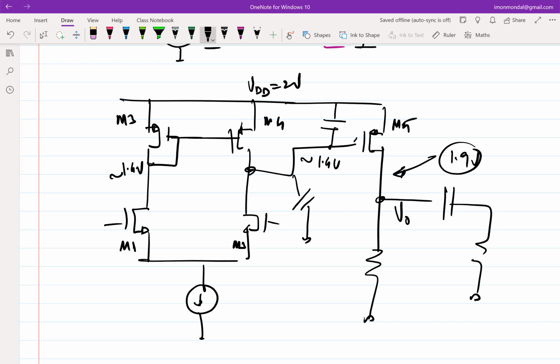Since we are seeing a CGS capacitance of M5, you are going to have a pole because of the time constant associated with CGS. And regardless of whatever you do, output will also have a capacitance, right? So you'll have two poles. When you have two poles, put in negative feedback, you have a problem, but we have done this in detail. So how to stabilize this? Easiest way to stabilize without compromising loop gain?